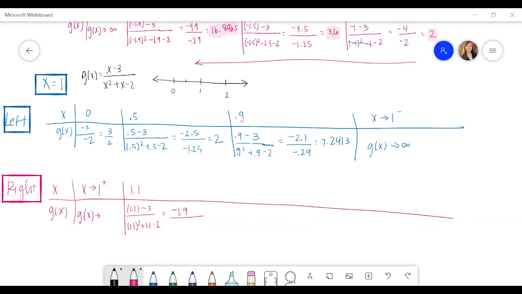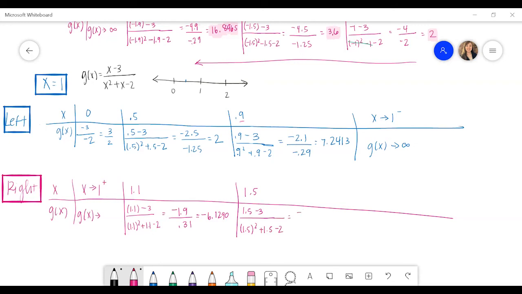-1.9 over 0.31. And when we divide, we get -6.1290. Okay, let's try 1.5 minus 3, over 1.5 squared plus 1.5 minus 2.